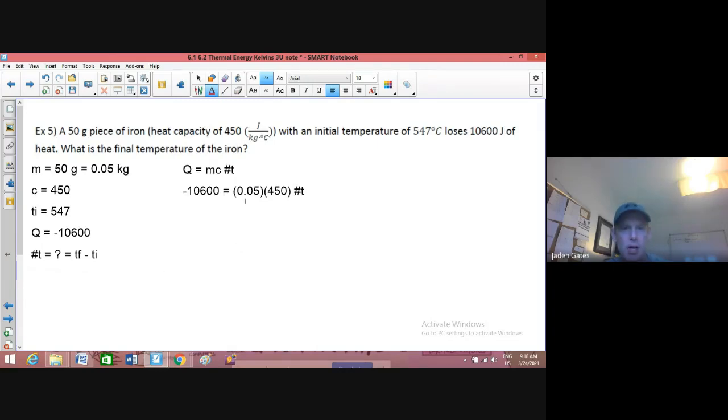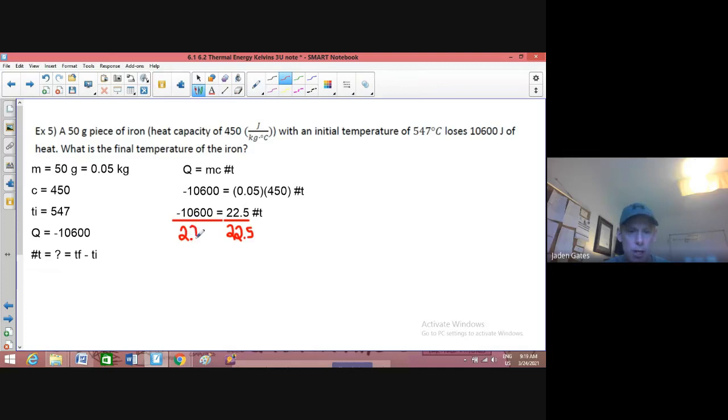All right, so again, simplifying things here. I still have this minus 10,600. Now I'm going to multiply my 0.05 times 450, and I get 22.5, and that's my delta T. Just like we were before, I'm going to have to divide by my numerical coefficient, 22.5.